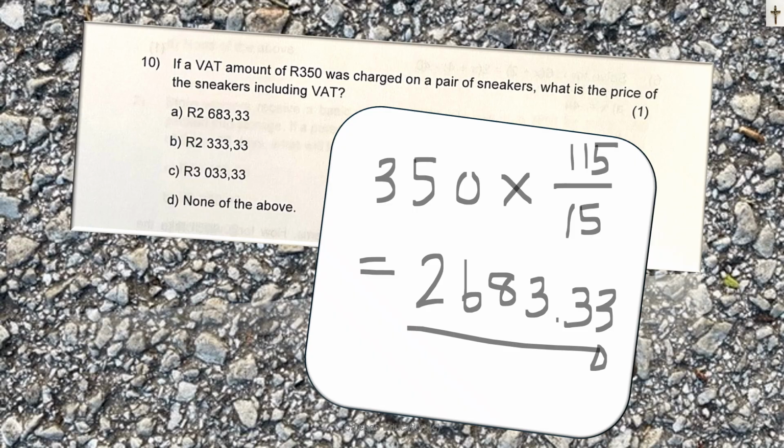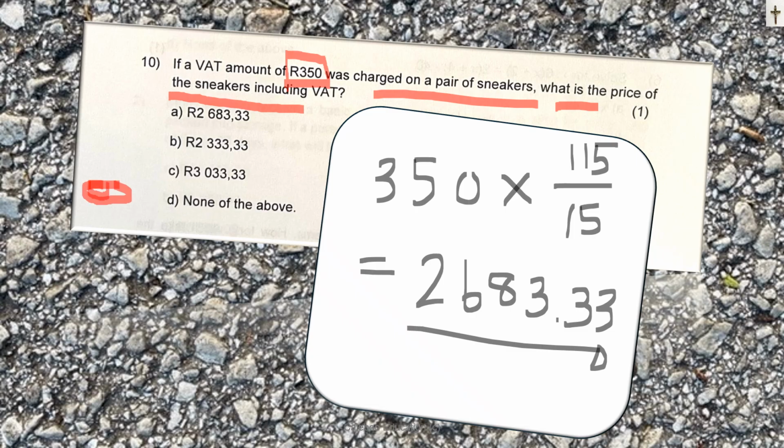If a VAT amount of 350, that is the VAT amount, was charged on a pair of sneakers, tackies, what is the price of the sneakers including VAT? So we got the price of the sneaker, trying to draw a shoe, but I don't think that's really going to happen.